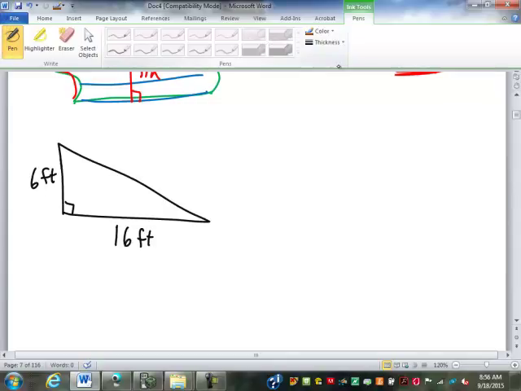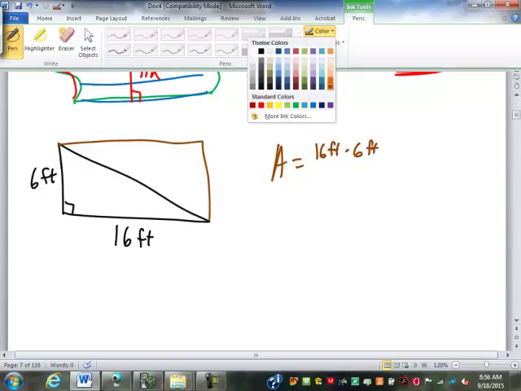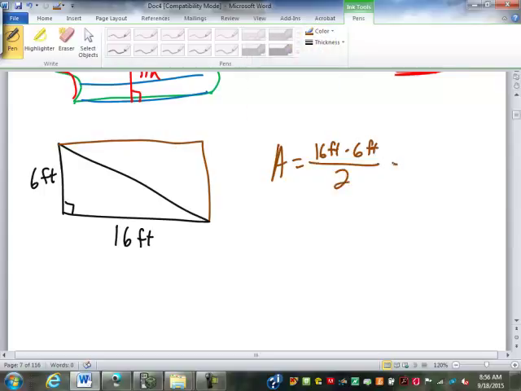So to find this area, I have to define it in terms of a related rectangle of some sort. There, it's a rectangle. What's the area of that rectangle? Well, 16 feet times 6 feet. But the triangle that I'm really looking for isn't a full rectangle, is it? It is half of it. So I just divide that by 2 or times a half or whatever. Gives me 48 feet squared.